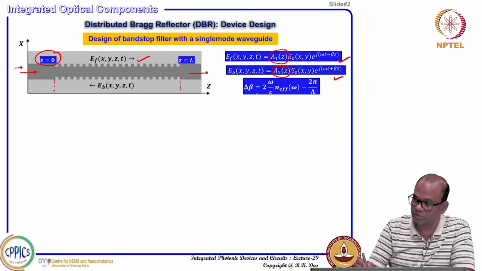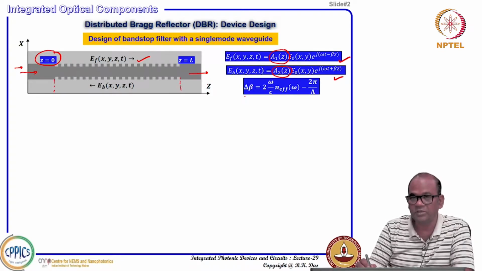And you know this delta beta, the phase mismatch factor, is defined by 2 omega by c, where omega is the operating frequency, omega being 2 pi c by lambda, times n effective.